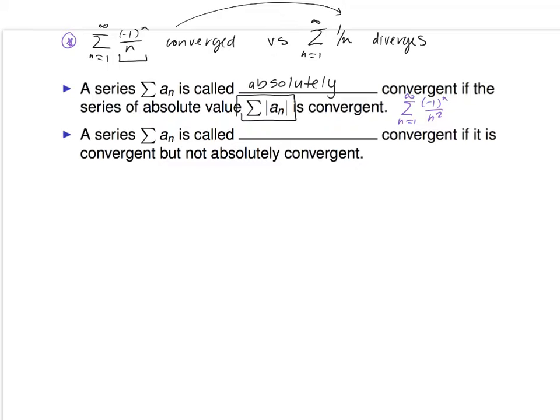A series is called conditionally convergent if it is convergent, but once you take the absolute values, it's not convergent. So what this is saying is the sum of a sub n converges, but the sum of absolute values does not.